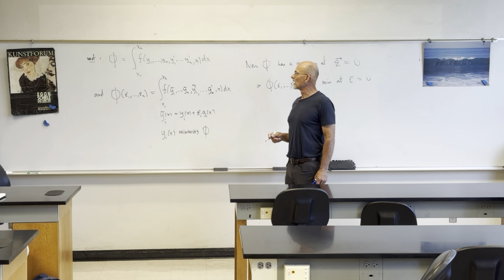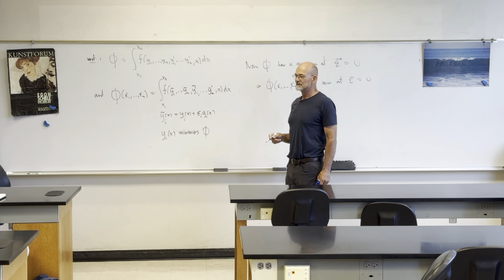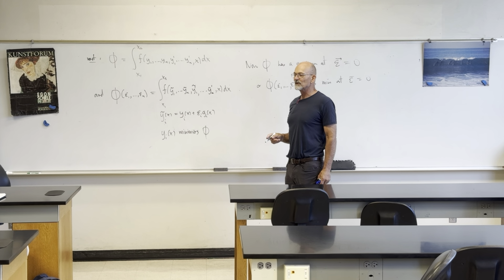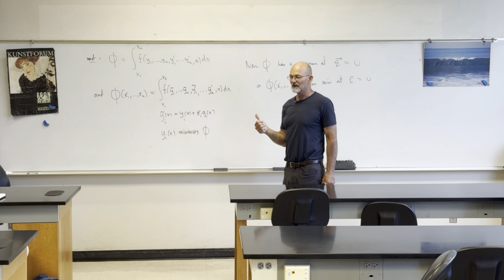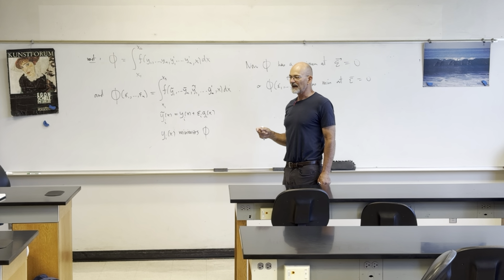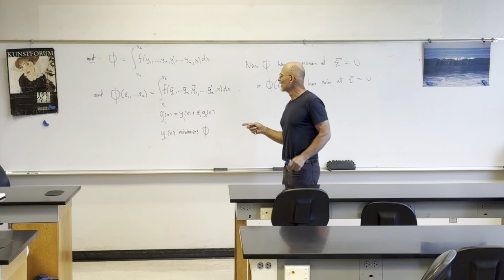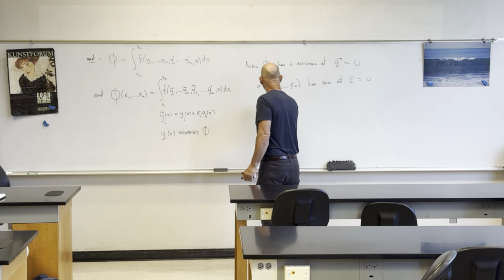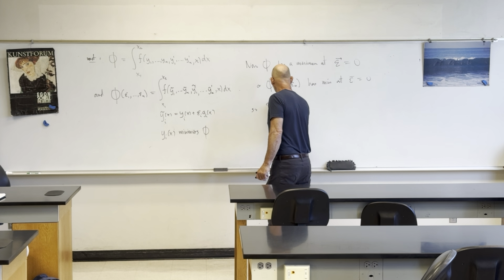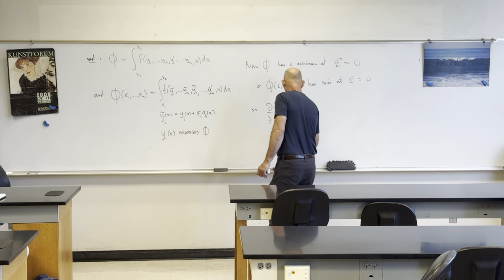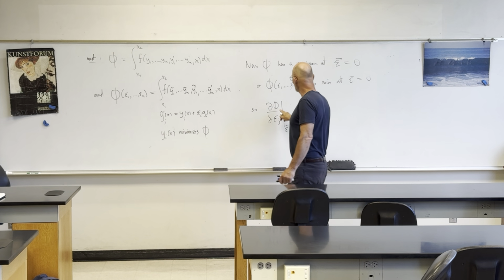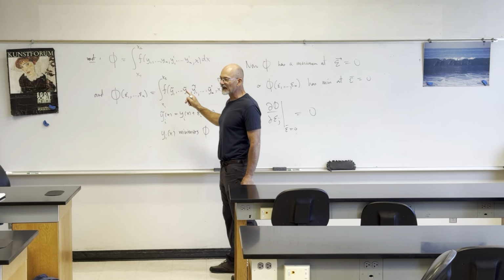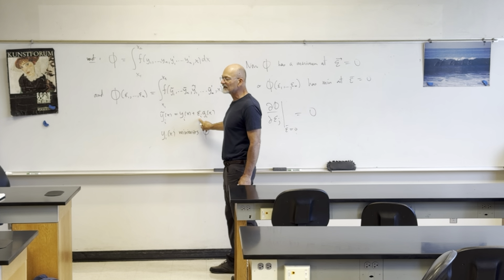Criterion for a critical point in multivariable situations is that each partial derivative has to vanish, right? And then for a minimum, we do second derivative. So the point is, we have to be able to say partial phi partial epsilon j at epsilon equals 0 is equal to 0. In other words, when we do this, we have to pick off a pair of those guys because they each have their own label.